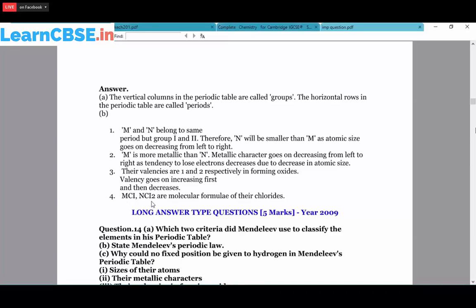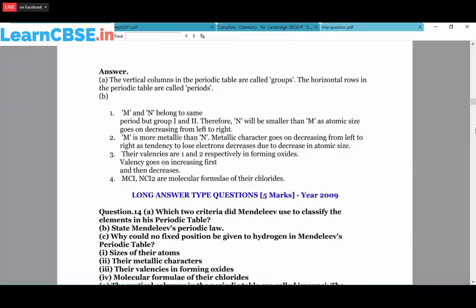The next one is N. N is present in group 2, so it has a +2 charge, but chlorine has only a -1 charge. So we need to add one more chloride ion to make the charges equal. So NCl2: this is +2, this is -2. So these are the molecular formulae of their chlorides.